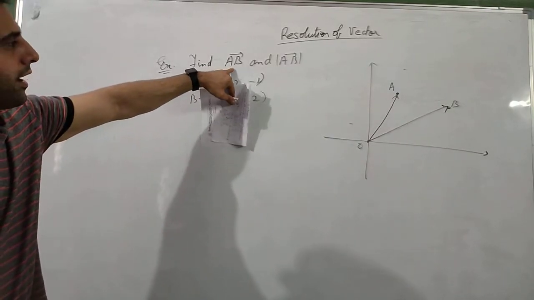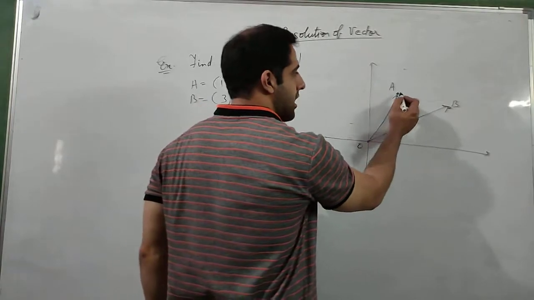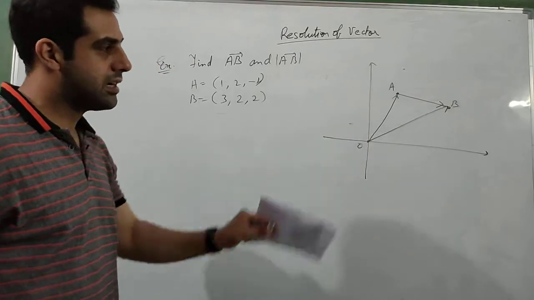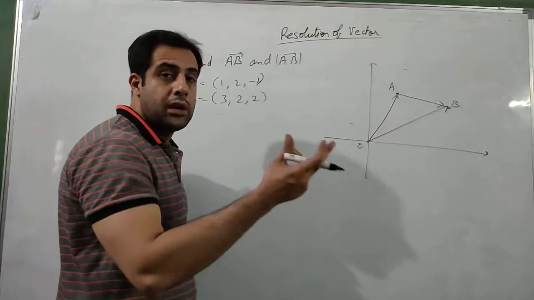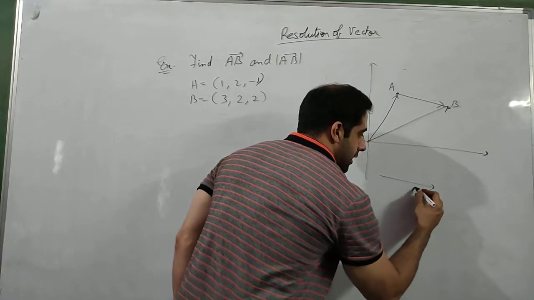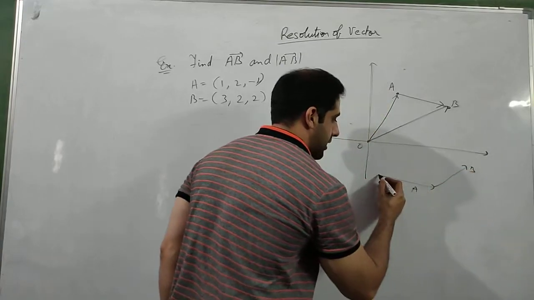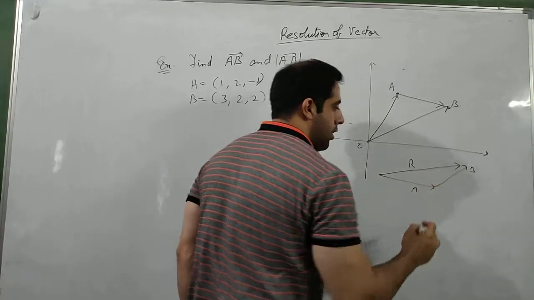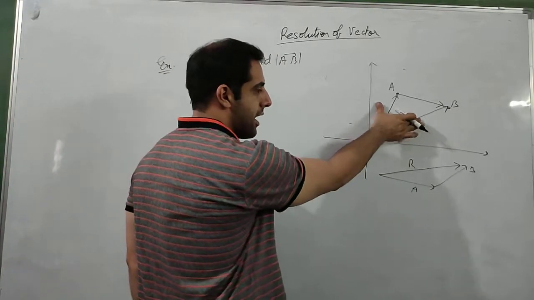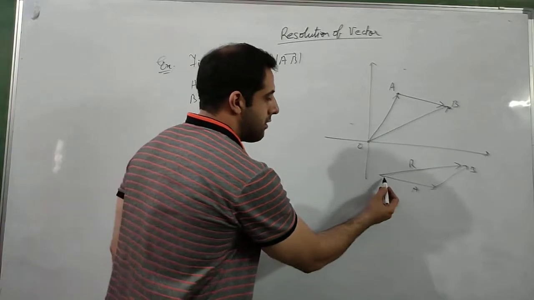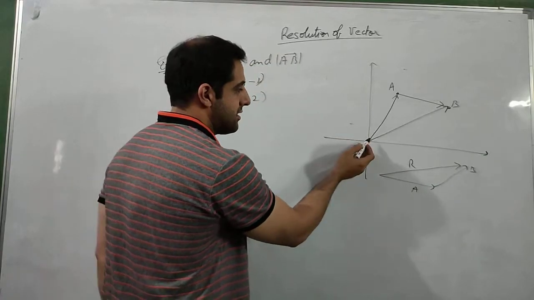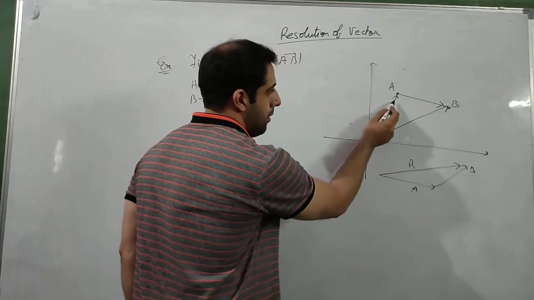Now if we have to draw the vector AB, it will start at A and end at B. Now this becomes a triangle. Immediately you should think about the triangular law of vector addition. What was the triangular law? If this was A and this was B, then the third side in this direction would give us R equals A plus B. If we compare this triangle with that triangle, you will see that sides A and B are the same as the sides OA and OB.